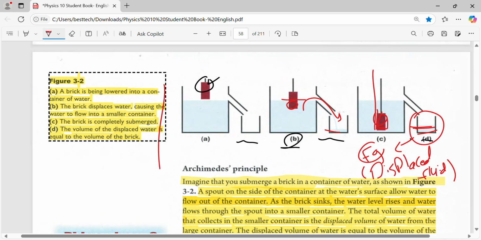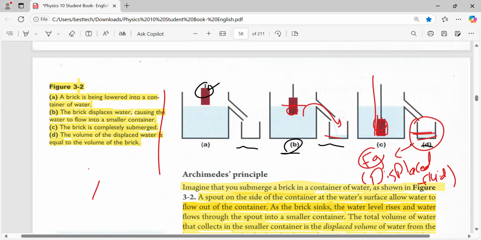We have some notes, guys, look. Part A: a brick is being lowered into the container's water. The brick is in the normal situation, without being put under the water. But part B: the brick displaces water, causing the water to flow into a smaller container. Look, guys, this object is called a brick.